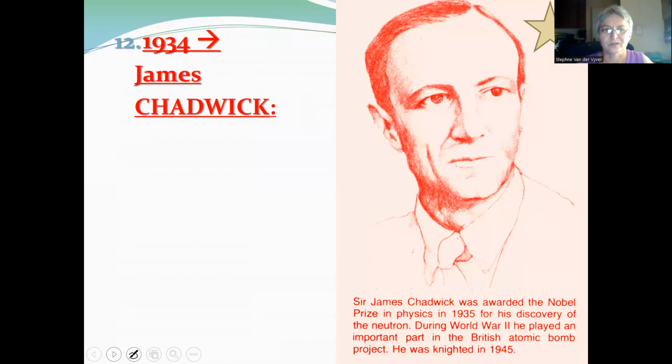The last guy on our list is James Chadwick. Now we've got Democritus saying that everything is made up of indivisible atoms. We've got Dalton quite a number of years later that said the atom is indivisible and that it combines in fixed ratios, and he said every atom of an element is unique.